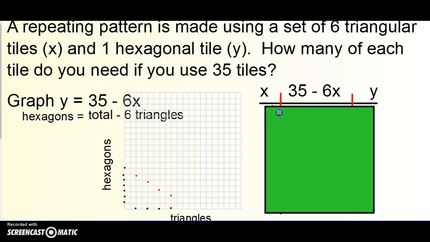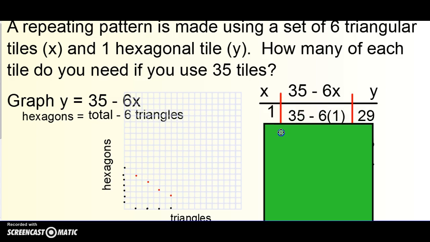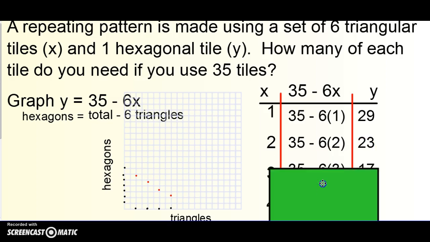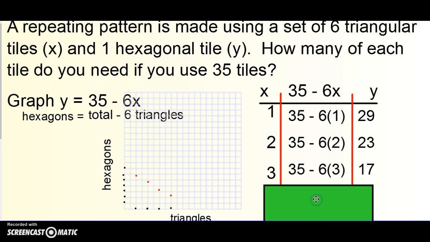So I'll try to go a little faster here. If you have 1 hexagon, that will allow you enough for 29 triangles. If I have 2 hexagons, then I'll have enough for 23 triangles. If I have 3 hexagons in my pattern, that would have enough for 17 triangles. And then you keep going.